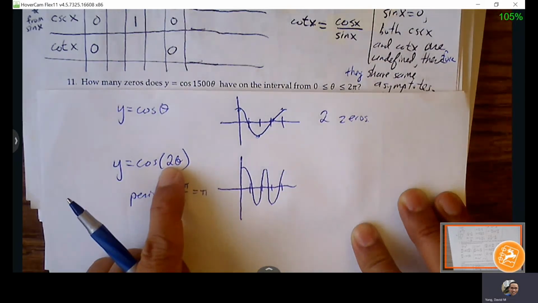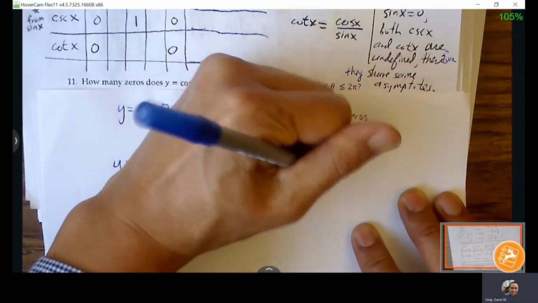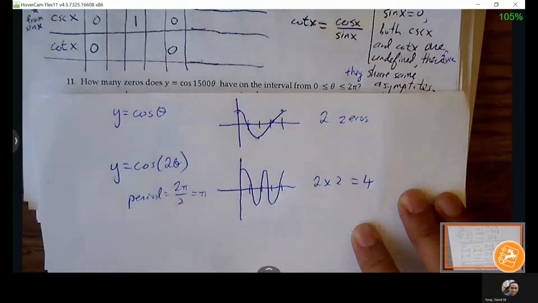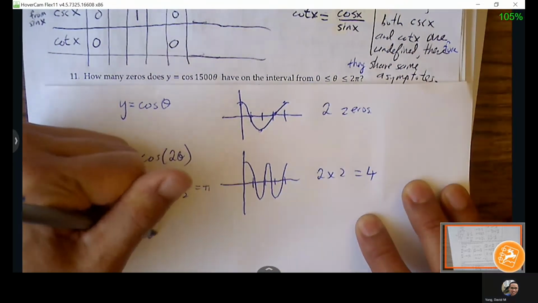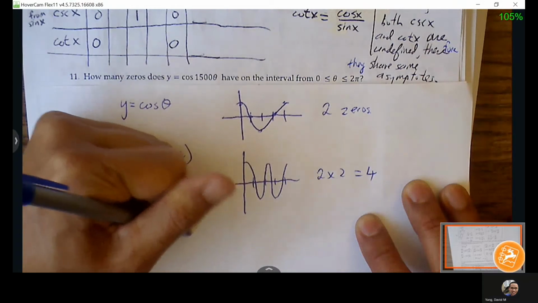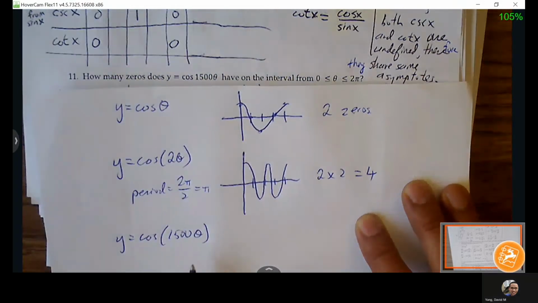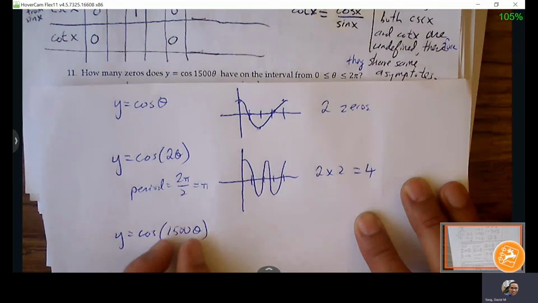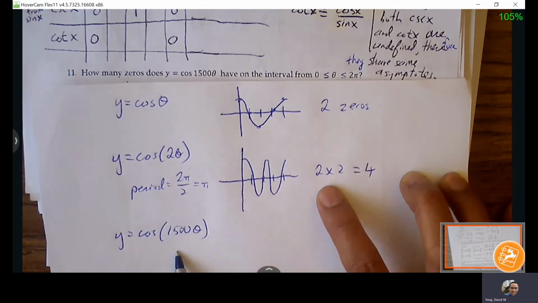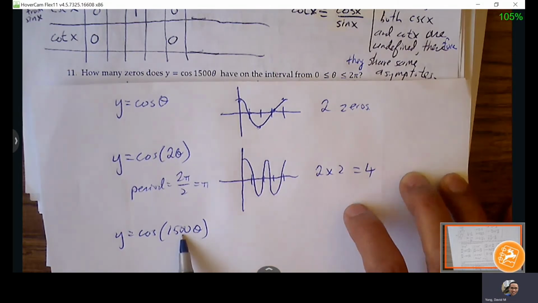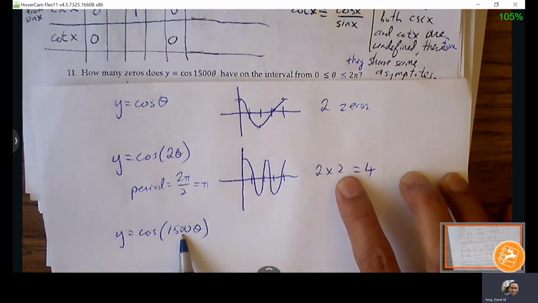Is there a pattern that you can see here? We just take this b value and multiply by 2. So can we adapt that for this problem? Obviously, this is going to be a very, very short period, but just like how we did before, we can just multiply, because we know that each cycle is going to experience 2 zeros.